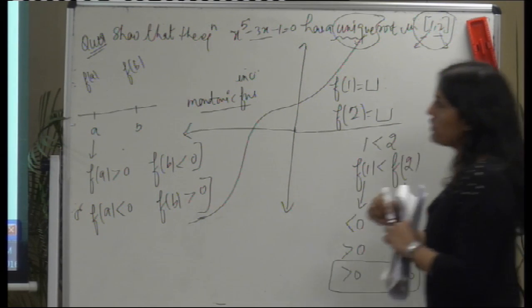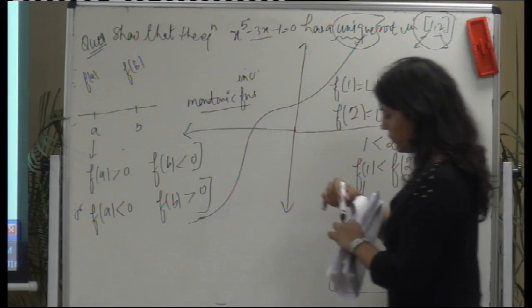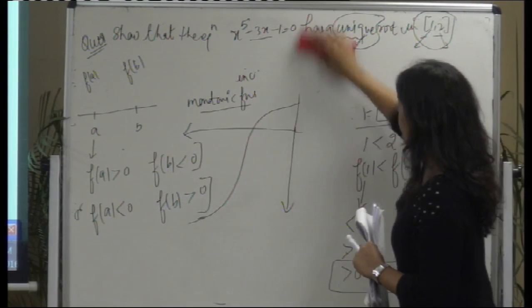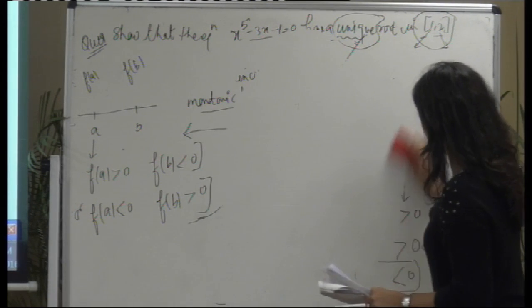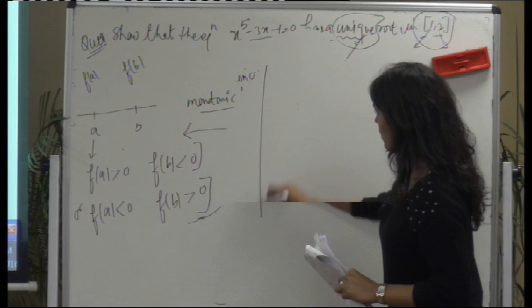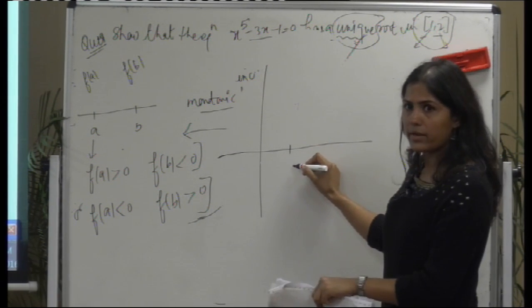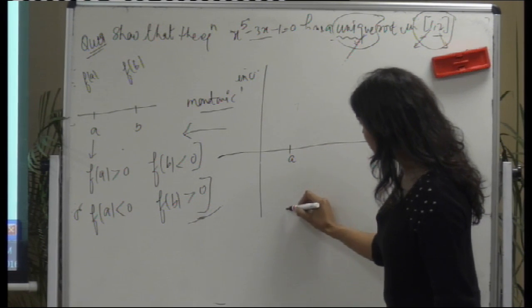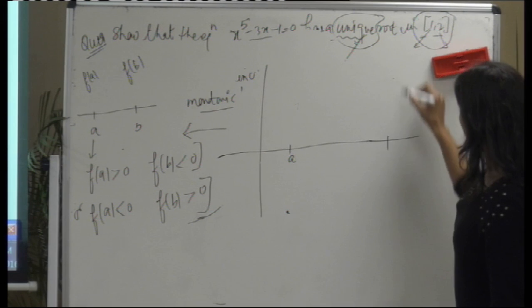Suppose I just draw the function, what type of function it will be for this first condition. Suppose f(a) is somewhere here, a negative value, and f(b) is positive.